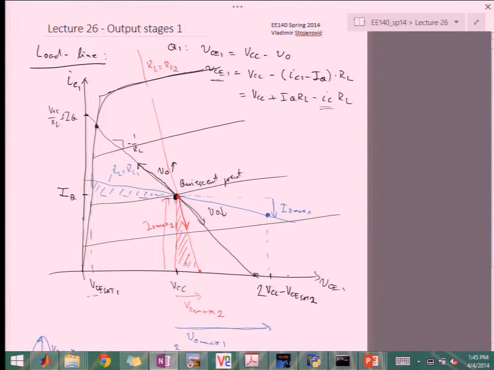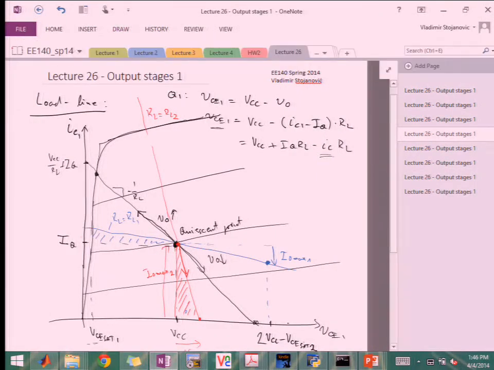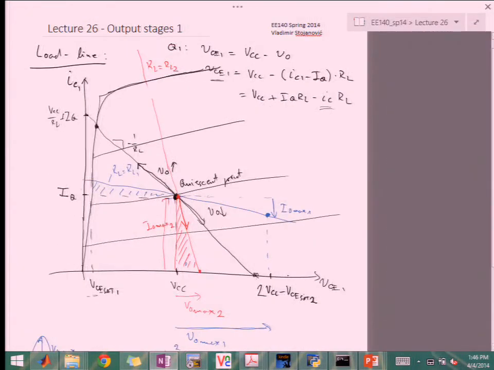So it has to be some triangle around that line, right? So let's say in this case of the black one, your VO max will be up until this point, right? So it will be up until here, and your IO max will be IQ, right? Can you keep going?